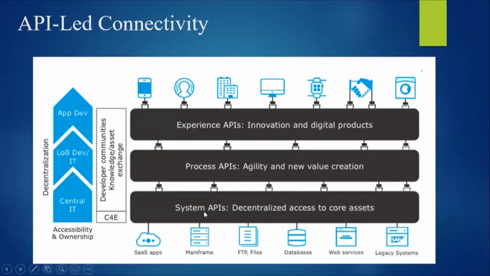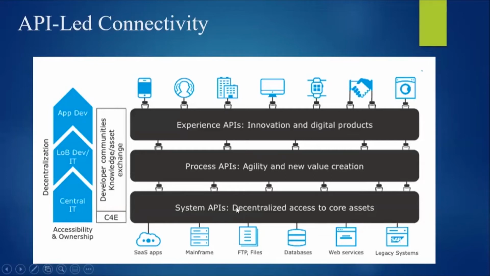These are the ones which typically interact with the core data, wherever you have the source of truth of the data in your organization. So you build system APIs to connect to them and get the data for you, okay? And no other APIs would have access to this core data systems layer.